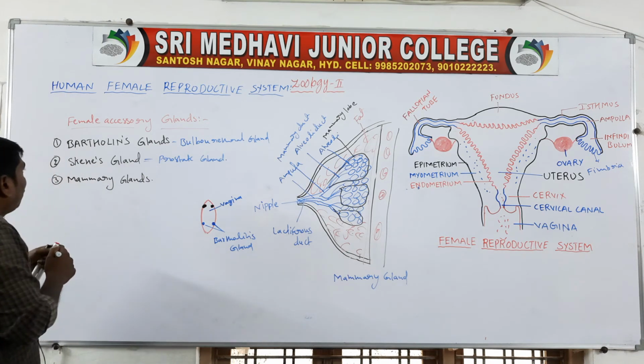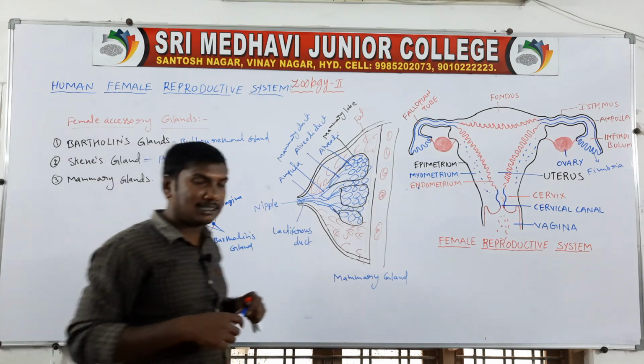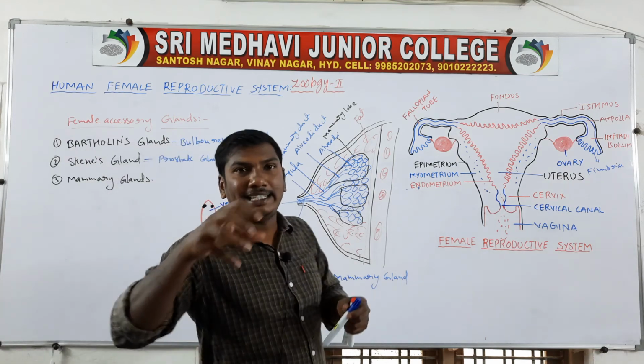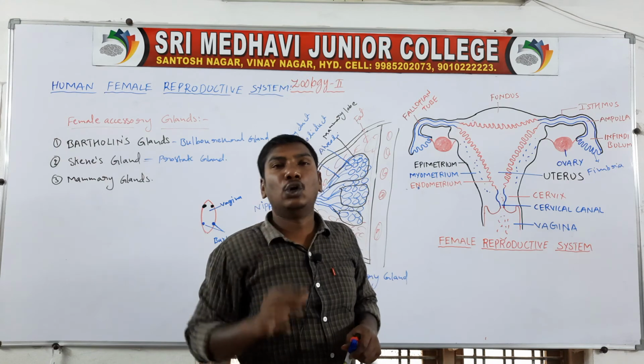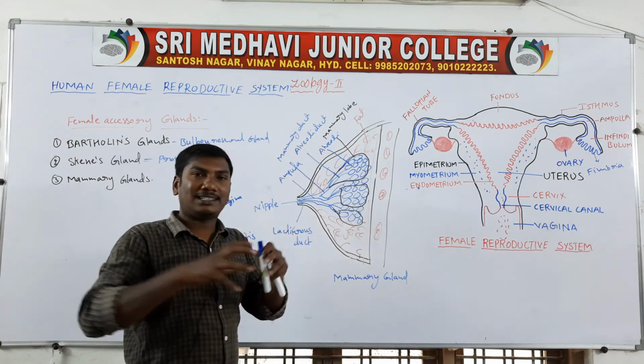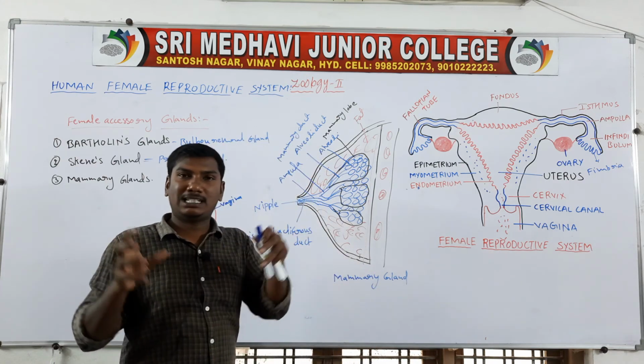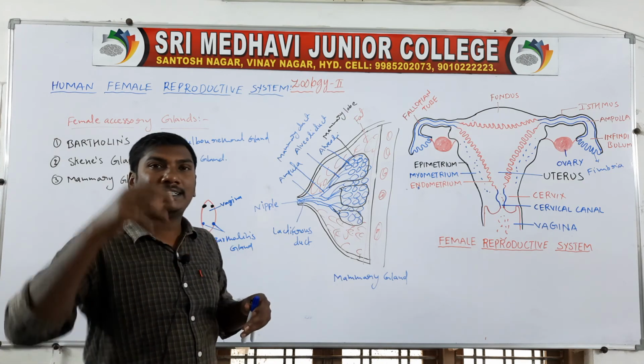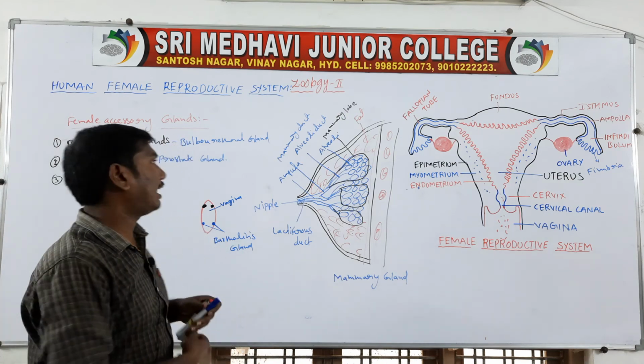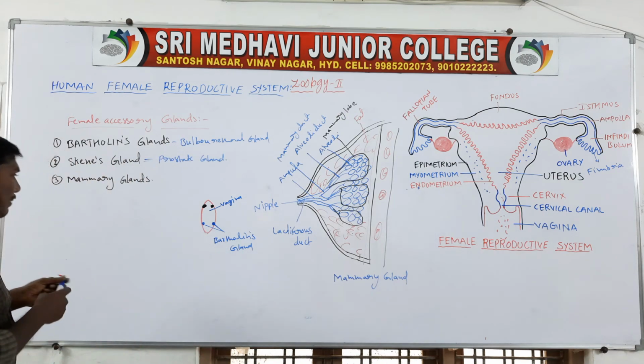The main function of these two glands is that their secretions help with lubrication, allowing free movement of the penis during intercourse. Next, the third one, mammary glands.